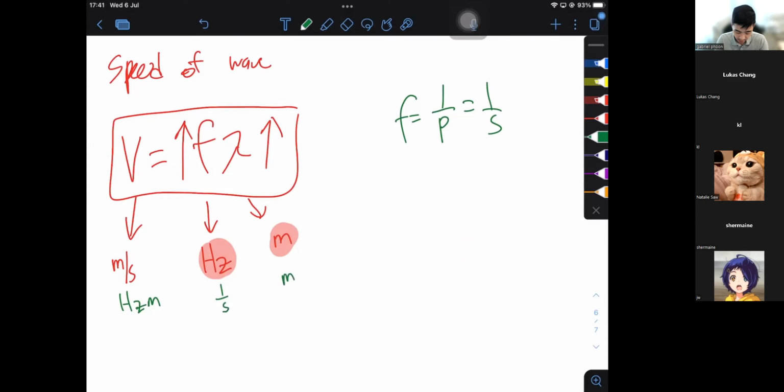That's why ultimately 1 over second times meters gives you meters per second. And obviously, because it's velocity, there's no other unit to measure velocity besides meters per second. So this is the thing I want to talk about only. Everything else is quite standard. I think you should be able to attempt the questions at the bottom right now.